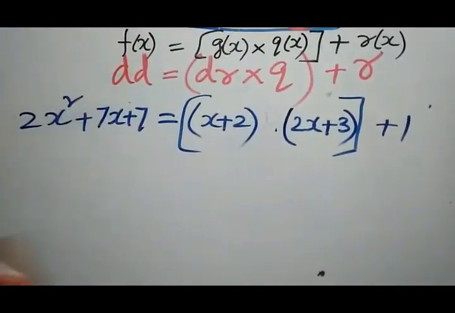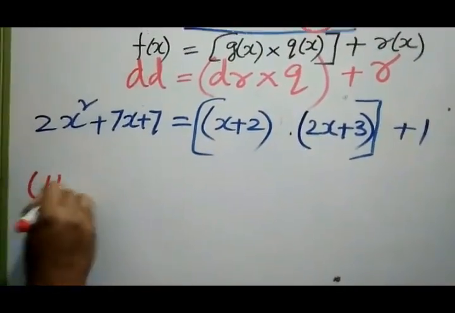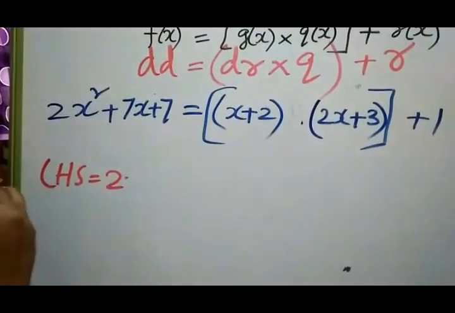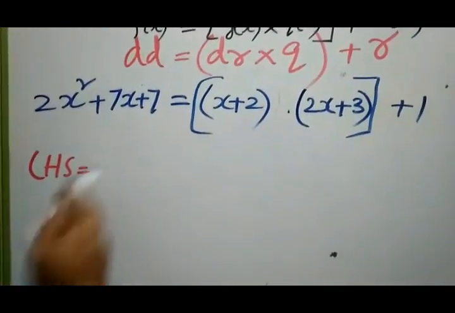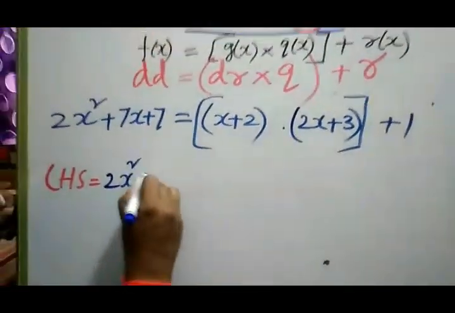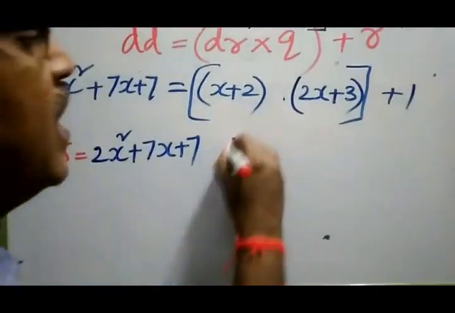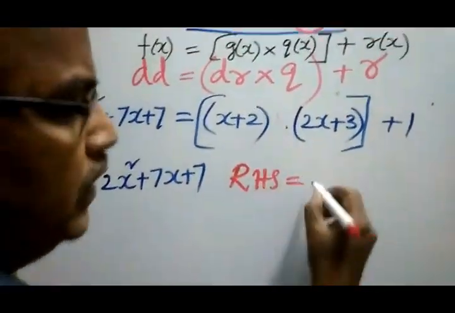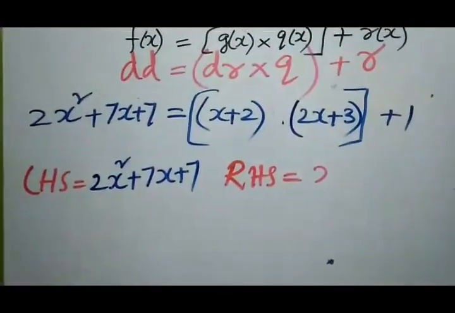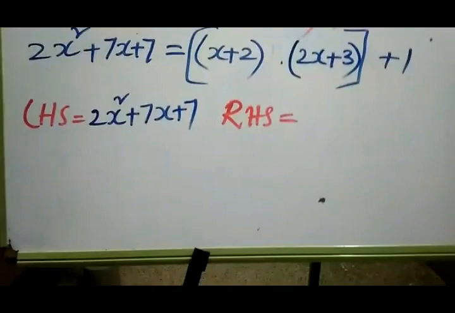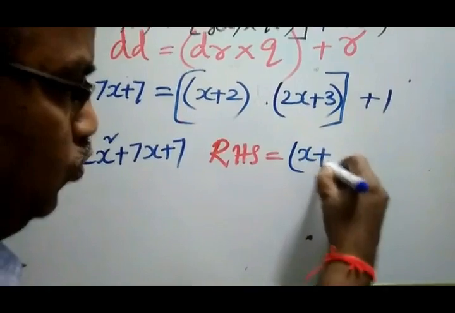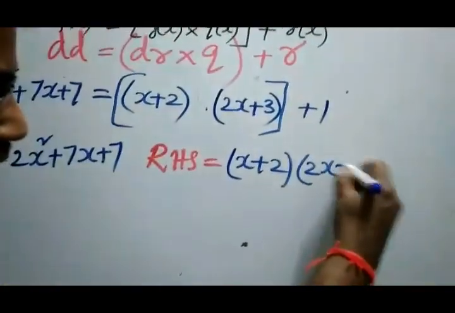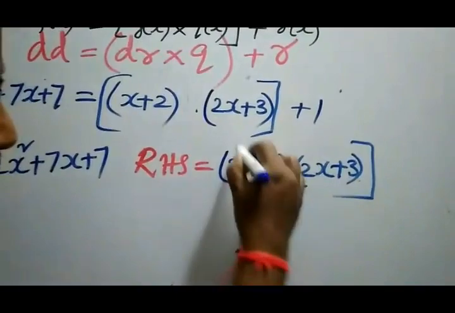Now, what is LHS? LHS is equal to 2x square plus 7x plus 7. Now RHS, what is RHS? RHS is equal to x plus 2 into 2x plus 3, plus 1.